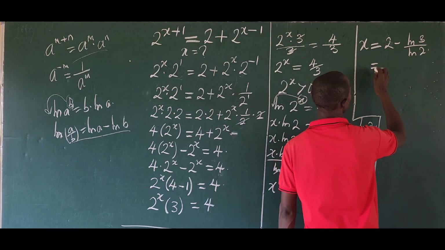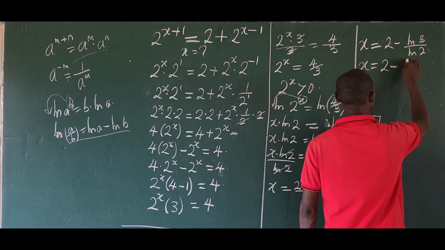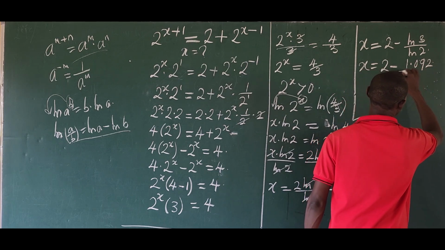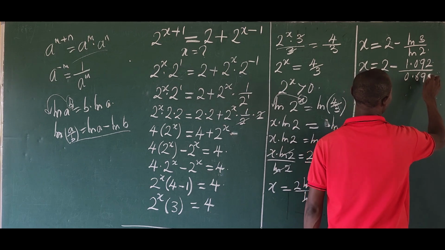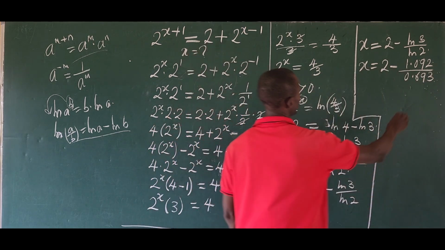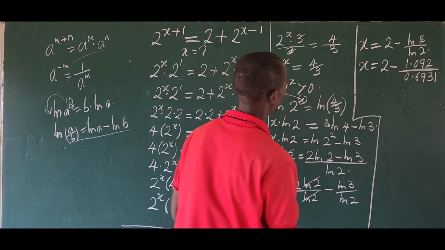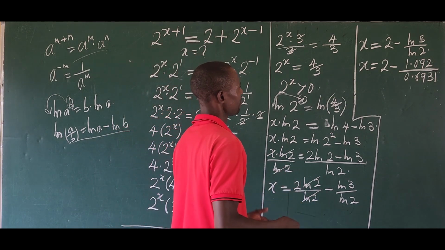So rewriting this, we have x equal to 2 minus 1.099 all over 0.693. We can easily divide that, and if we divide that, it will give us 1.586.